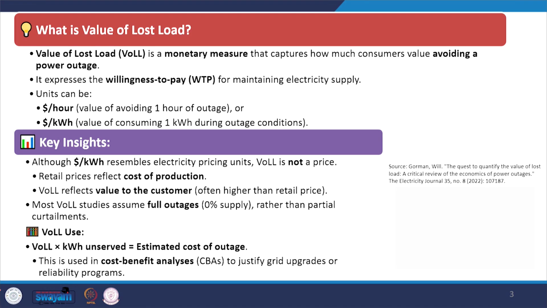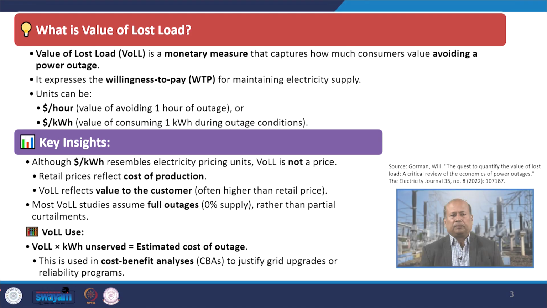So what is value of lost load? Value of lost load, that is the VoLL acronym, is a monetary measure that captures how much consumers value avoiding a power outage.